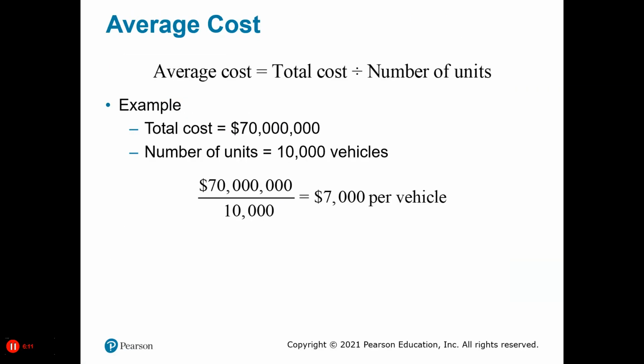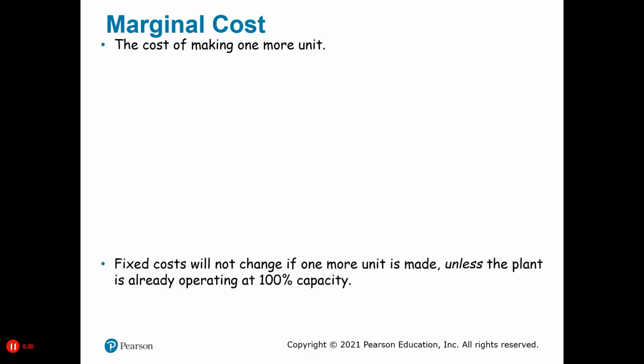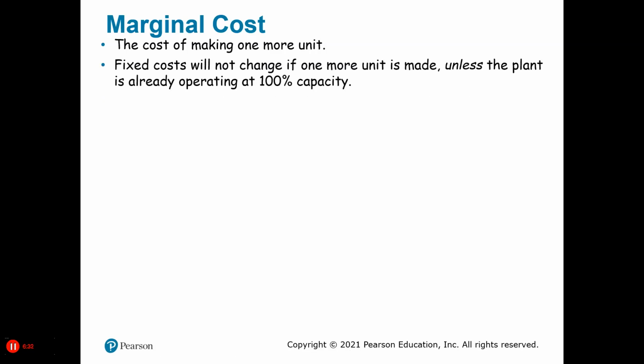Now, average versus marginal cost. Average cost, you just take the total cost divided by the units, and that gives you an average cost. We don't normally look at average cost. We have more of a tendency to look at marginal cost, which is the cost of making one more unit. As we know, our variable cost will change if we make one more unit, but our fixed cost won't.